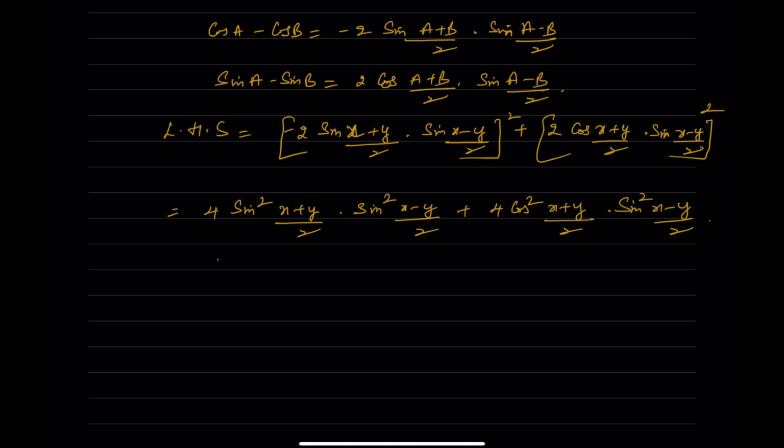So here we can take common 4 into sin square (x minus y by 2).